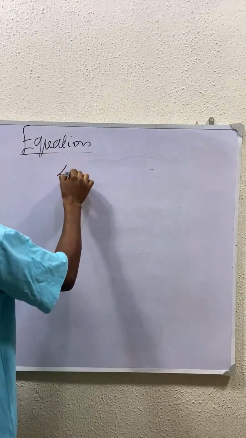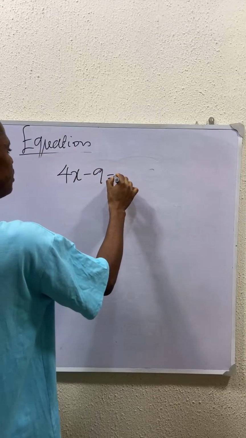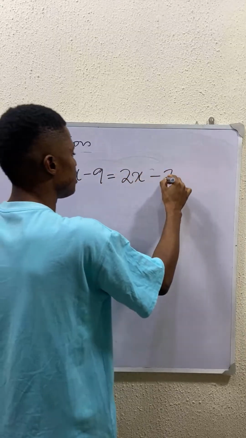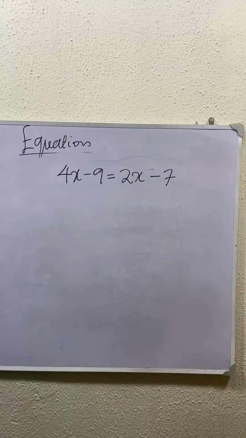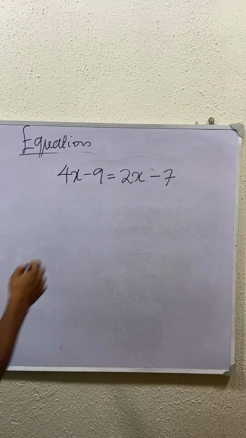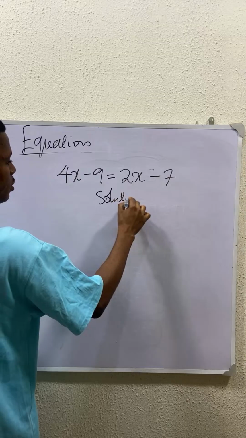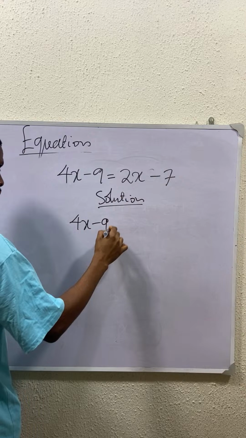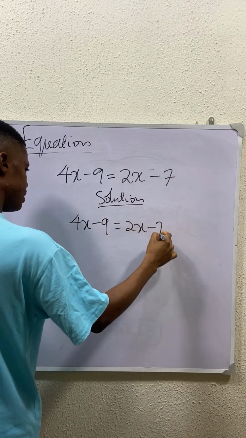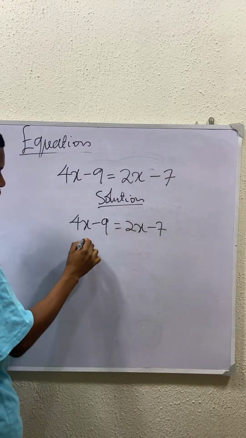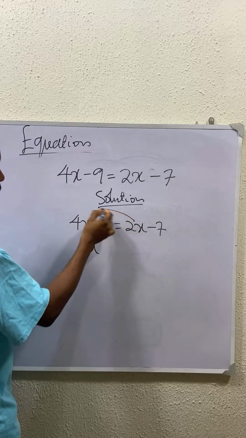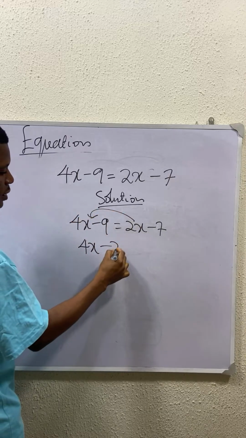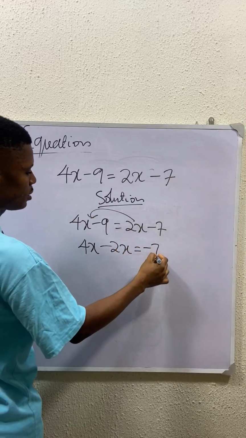Let's look at the next one. We have 4x minus 9 is equal to 2x minus 7. What then is the value of x that can satisfy the given equation? To know the value of x, we just have to do the solution. You have 4x minus 9 is 2x minus 7. First thing is to collect like terms. We write 4x, 2x crossing the equality sign, we have a negative 2x, and that's equal to minus 7.